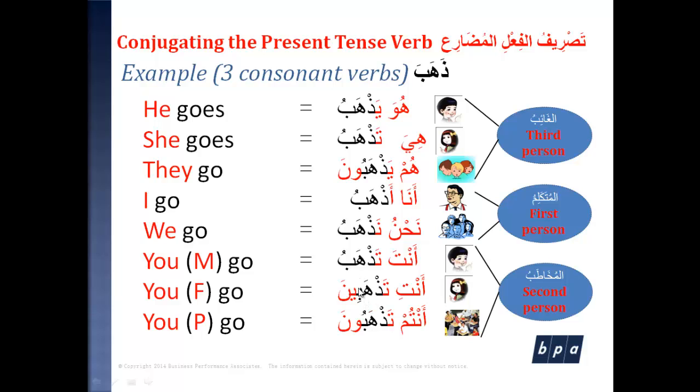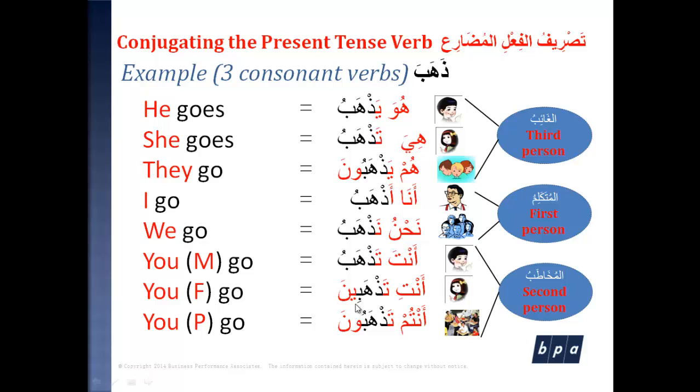It changes from a dhamma on the ba to a kasra with anti because the ya is a vowel, and to be a vowel, it has to be preceded by a kasra, as we learned before, so the dhamma changed to a kasra. For antum, we need the dhamma before the waw and it stays as a dhamma.